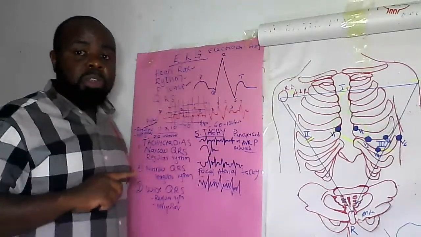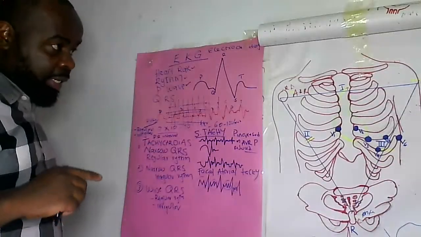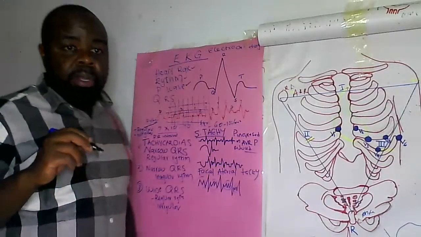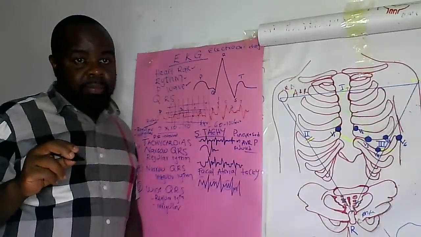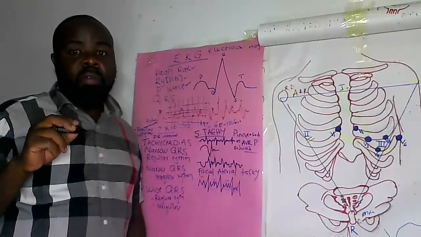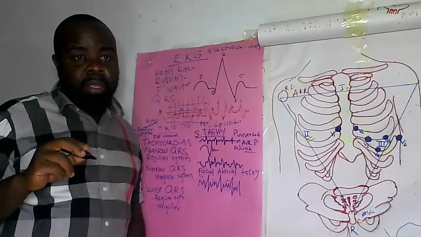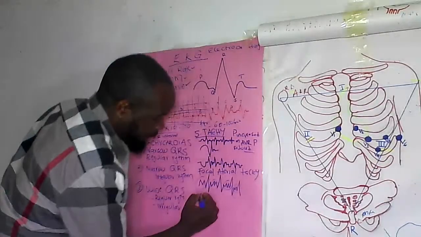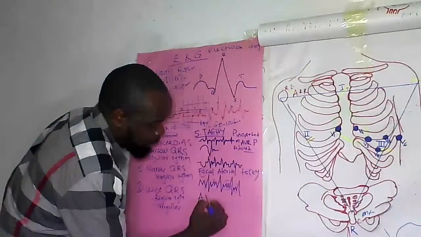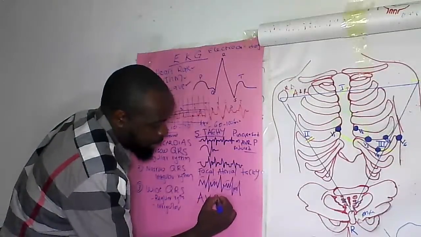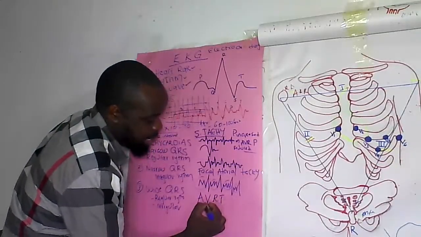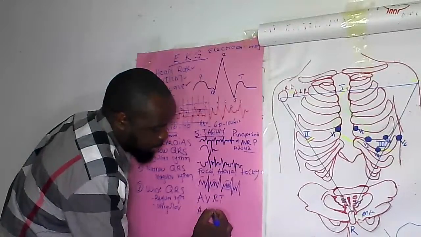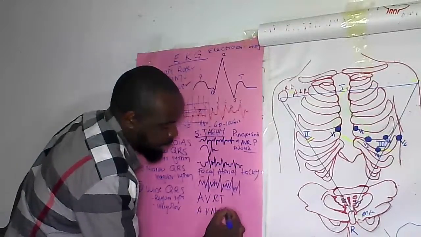This one mostly is seen in atrioventricular reentrant tachycardia and atrioventricular nodal reentrant tachycardia.